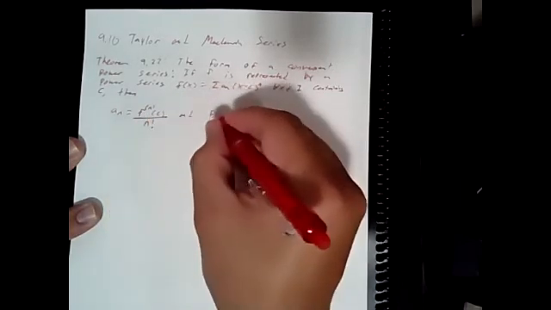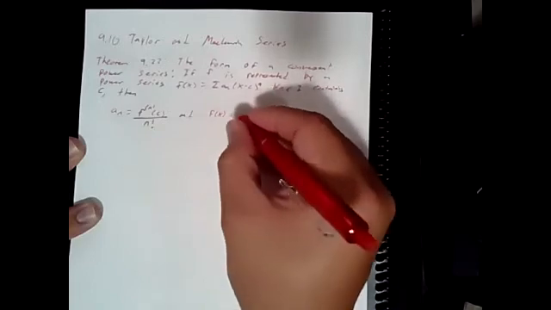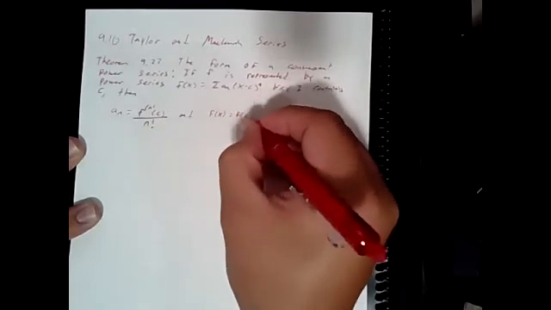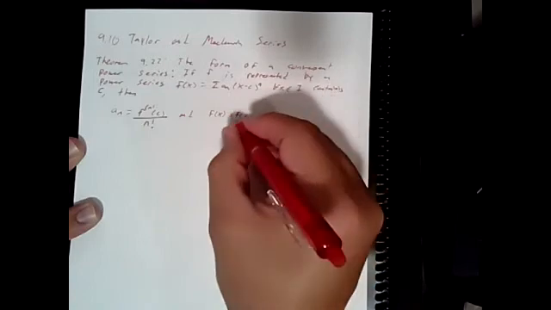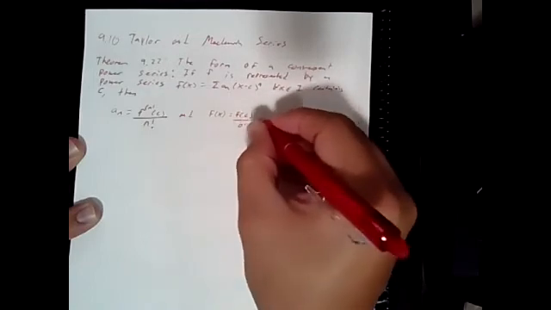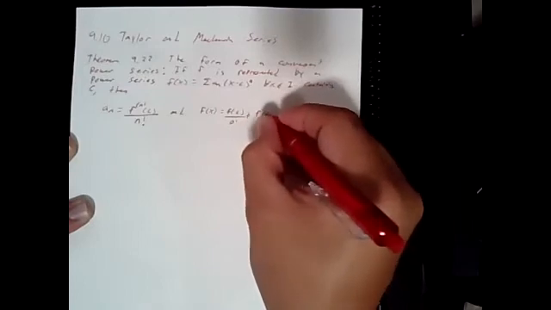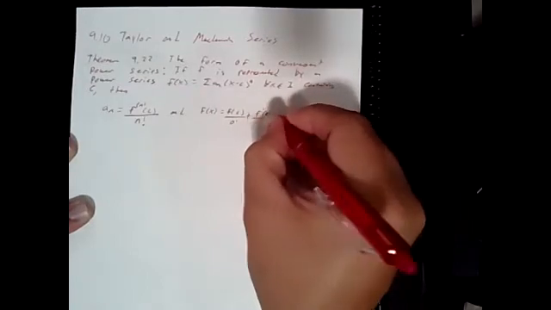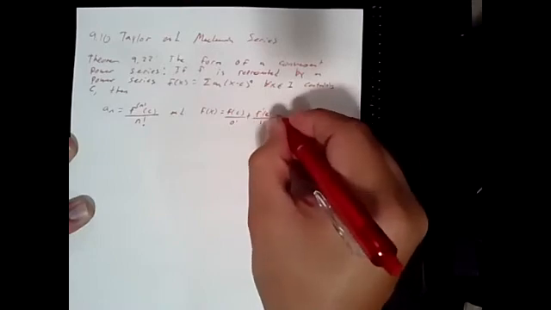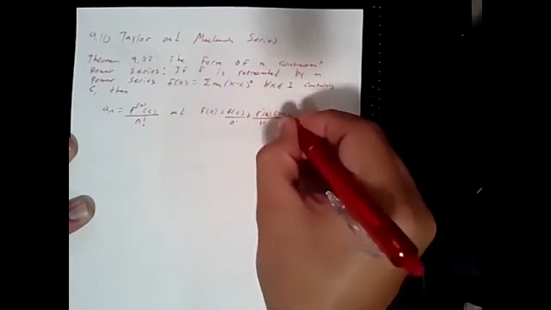And f of x is equal to f of c over 0 factorial plus the first derivative at c over 1 factorial times x minus c to the first. I think I'm going to rewrite that so it's clear.